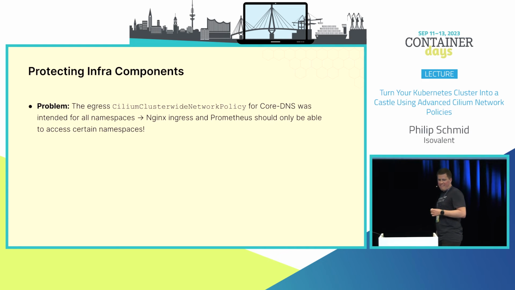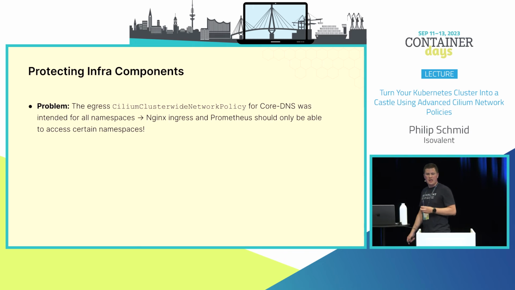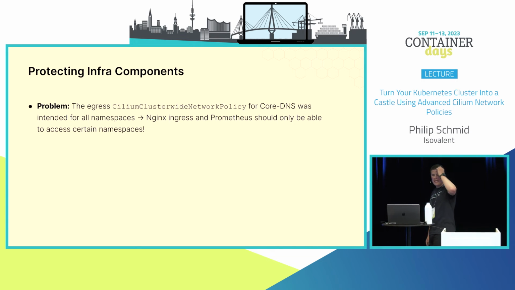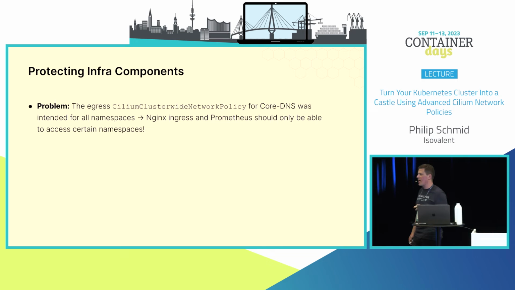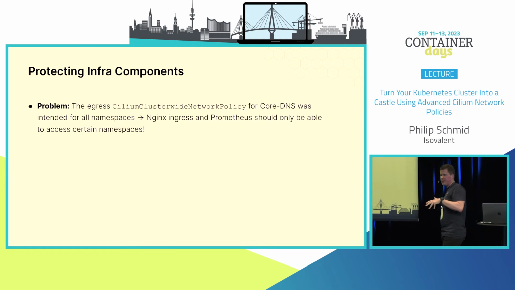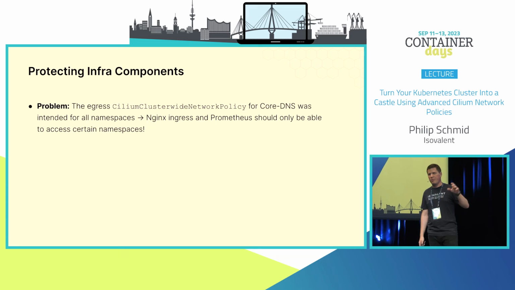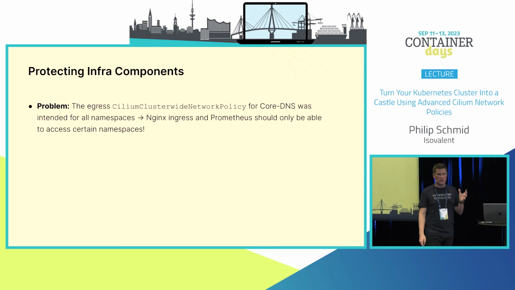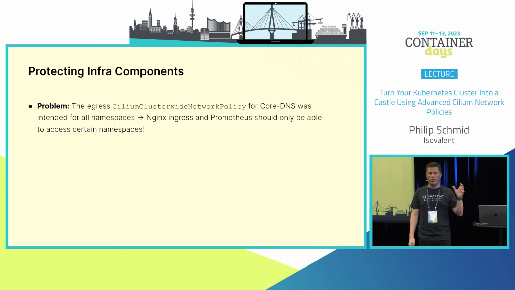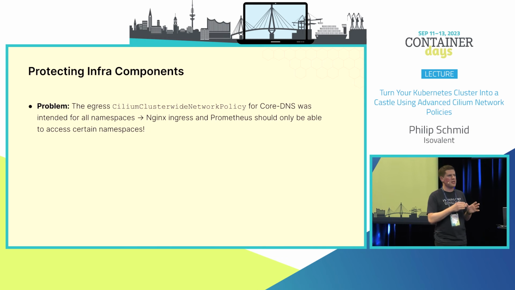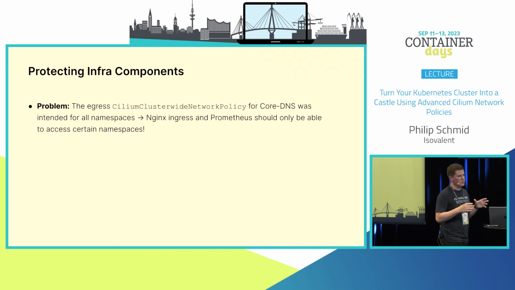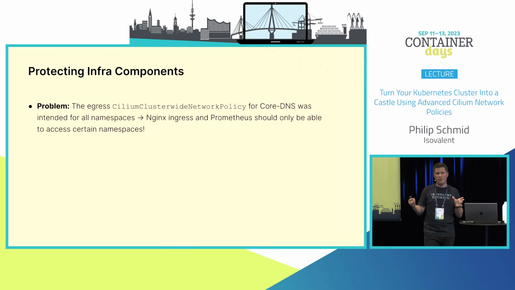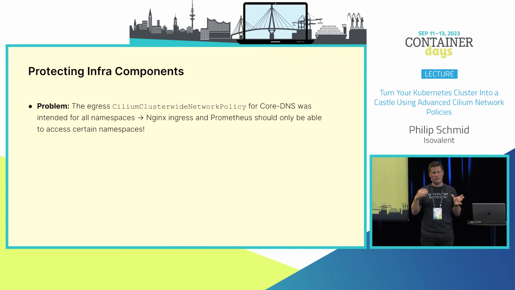So we now have the egress Cilium cluster-wide network policy for CoreDNS that was intended to be applied for every single user namespace. However, for our Nginx and Prometheus use case, we need to enhance this logic a bit, because we only want to allow our Prometheus to be able to scrape specific namespaces, and our Nginx ingress controller should only be able to serve ingresses from specific namespaces.